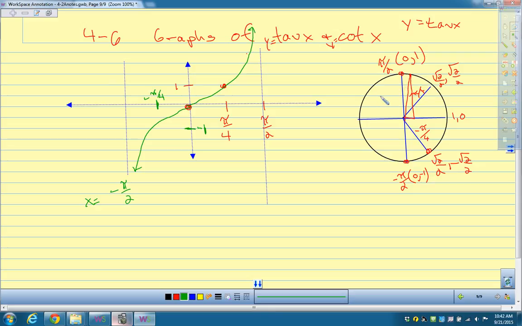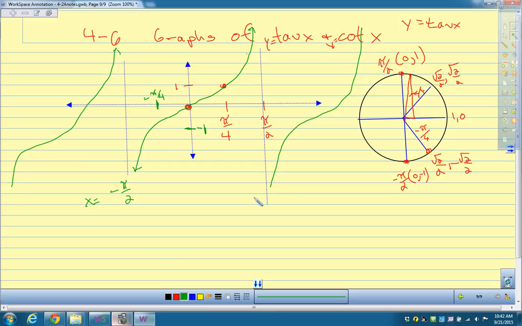But as I go around here, is tangent negative or positive in this quadrant? Negative. So what happens here is tangent starts down here, and it goes up again like this, okay? This is bad, but it goes like that, and it does this picture forever and ever.